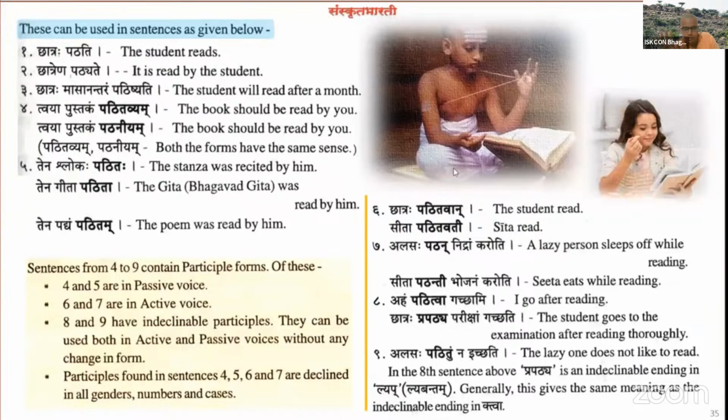Same. Okay. Then sentence 5: dasha sloka patita, ten slokas read. In this sentence also, when the words patita, patita and patitam come, then you have to make sentences like tena sloka patita, tena gita patita, tena padyam patitam. In these sentences you can see the word tena is the karta and it is in tritya vibhakti, instrumental case. And sloka, gita and padyam are in prathama vibhakti.